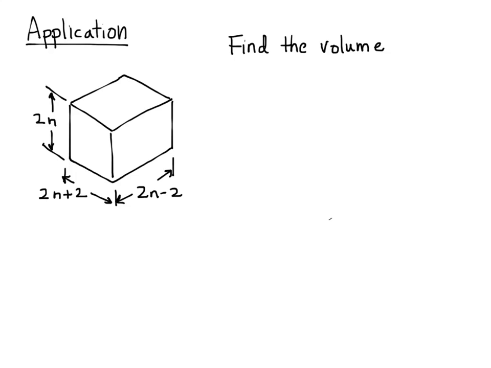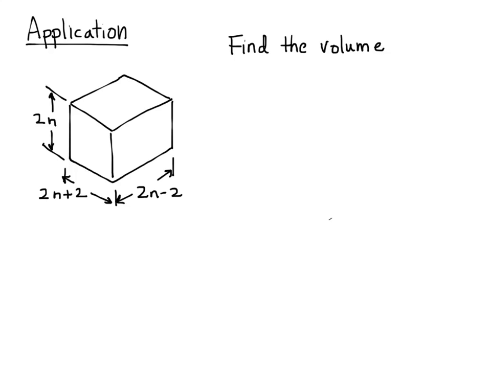So, we're going to be dealing with a lot of polynomials. It's nice to see some cases where they actually arise. So, when we have a rectangular prism, a box, if you want to think of it that way, not really a cube because the sides aren't all the same.